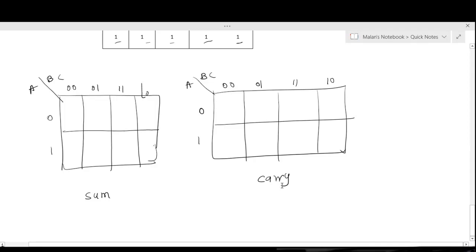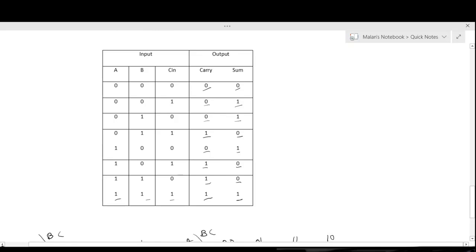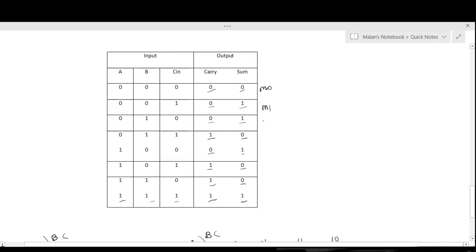Now for the sum, we know the minterm and maxterm notations. As we are going to plot the SOP expression, we can use the minterms. These are M0, M1, M2, M3, M4, M5, M6 and M7.